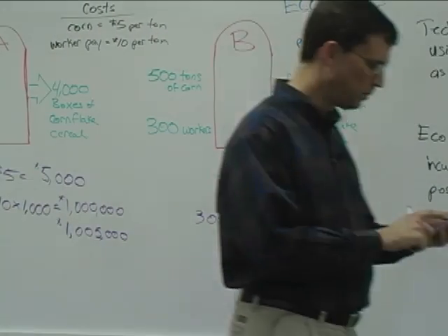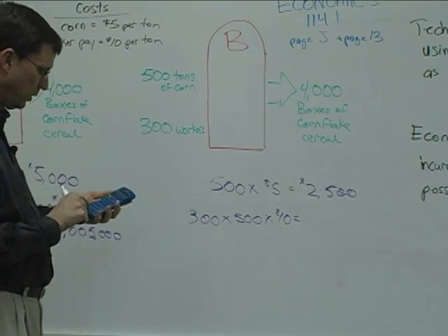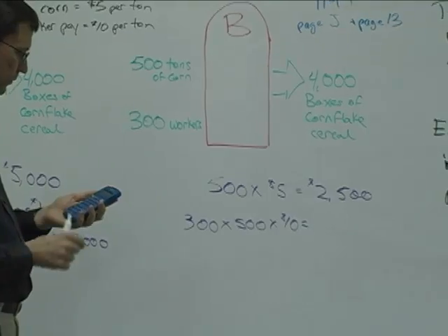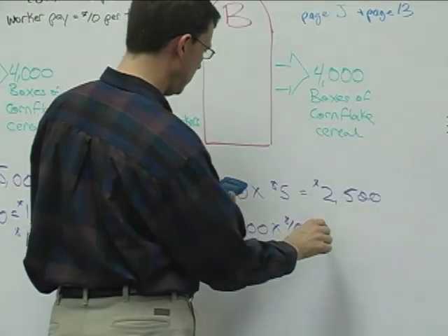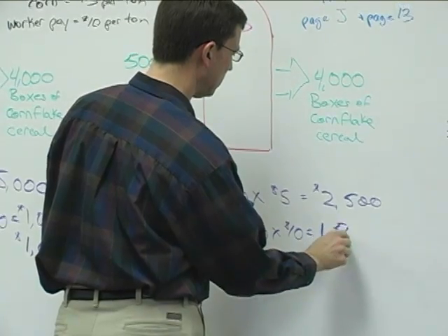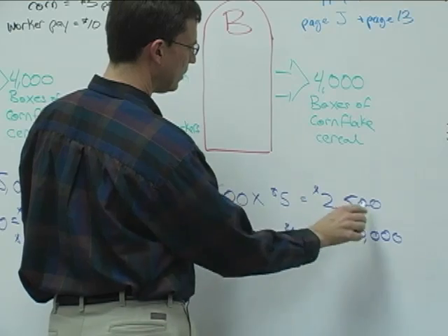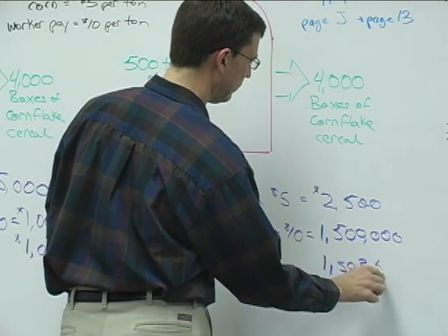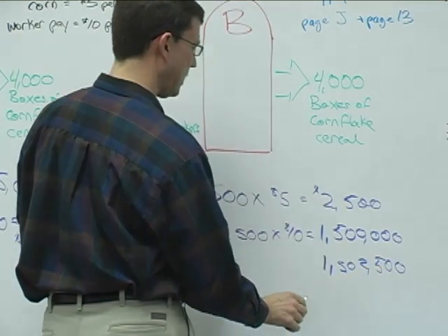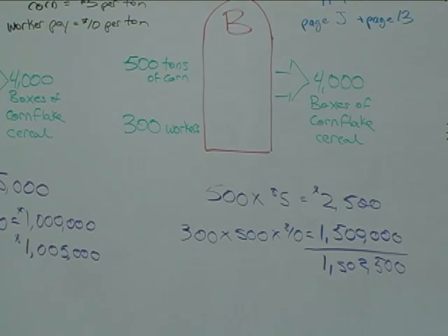The answer is in the PACE, but let's get our calculators out and do the math here. 300 times 500 times 10 is $1,500,000, plus the 2,500 gives us the grand total of $1,502,500.